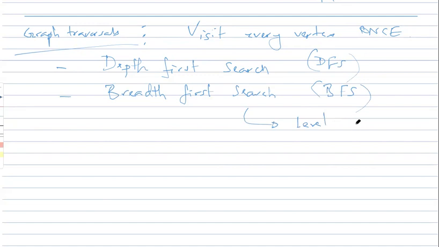Because a tree is just a kind of graph in one sense, applying the breadth first traversal will lead to the level order traversal. And depth first search typically is like the pre-order traversal in a tree.